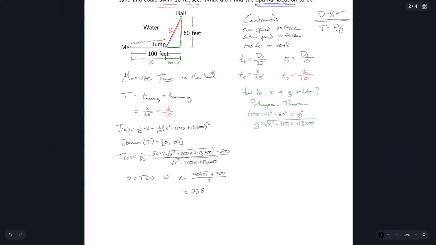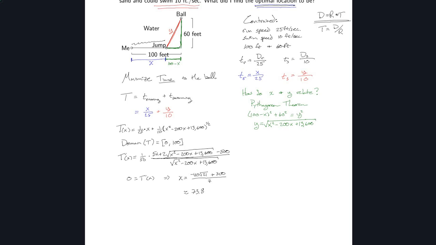And so we can check the endpoints as well. We're going to check, so this is our critical. Check endpoints of domain and criticals.